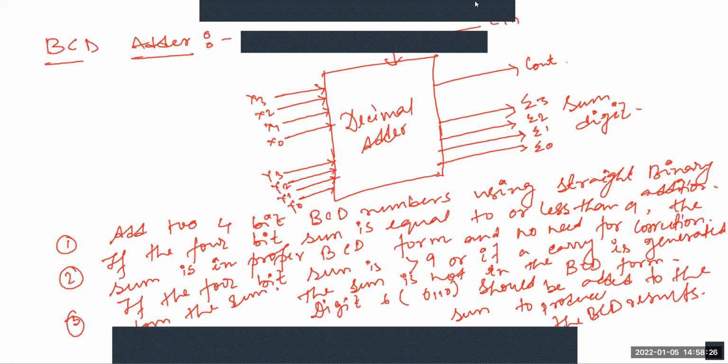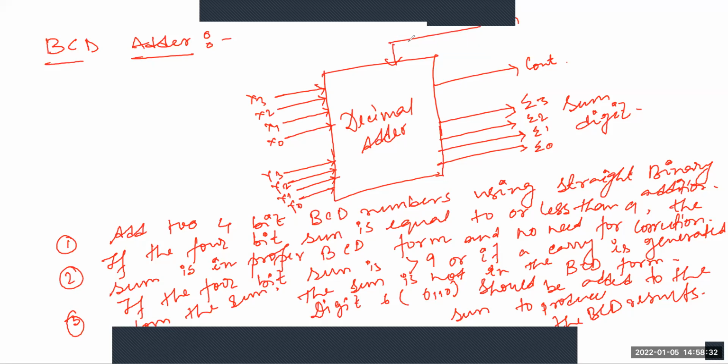So now suppose this is the uncorrected BCD sum, and this is the corrected BCD sum.